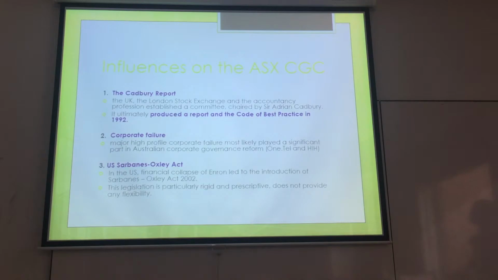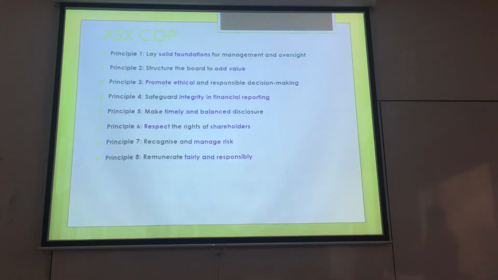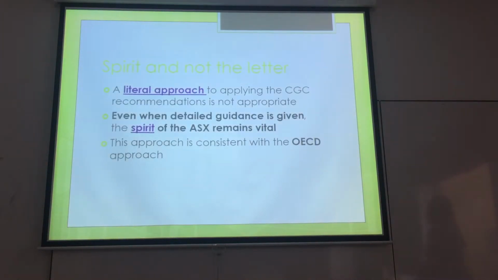Every time the OECD makes changes, then countries will follow their lead. Okay, the principles, I'll come back to a bit later, but you can see that there are 8. We'll look at those 8 principles in the tutorial as well.